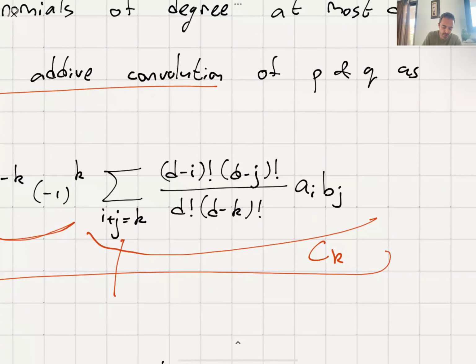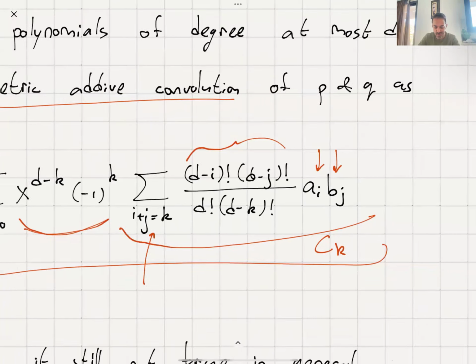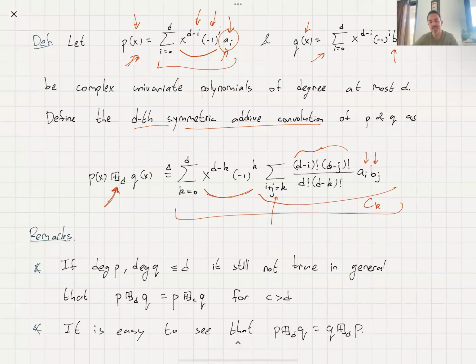It has this convolution-like sum. You go over all i and j with i plus j equals k, and take a_i times b_j, but you have this additional coefficient. It's kind of a mysterious coefficient, a priori a weird-looking coefficient. So that's the formula. If you believe me that this definition generalizes the old definition, then that's the formula that you are looking for.